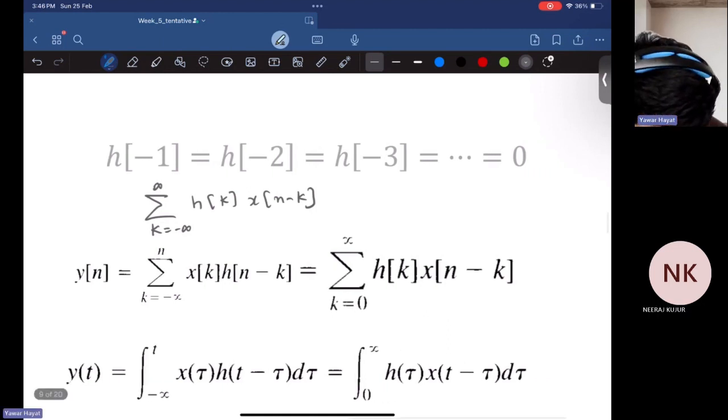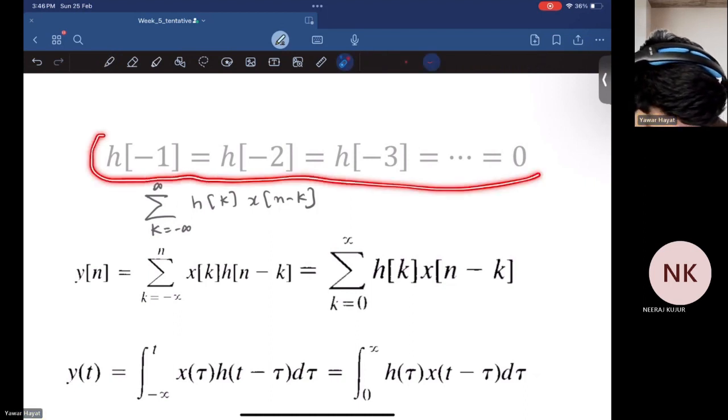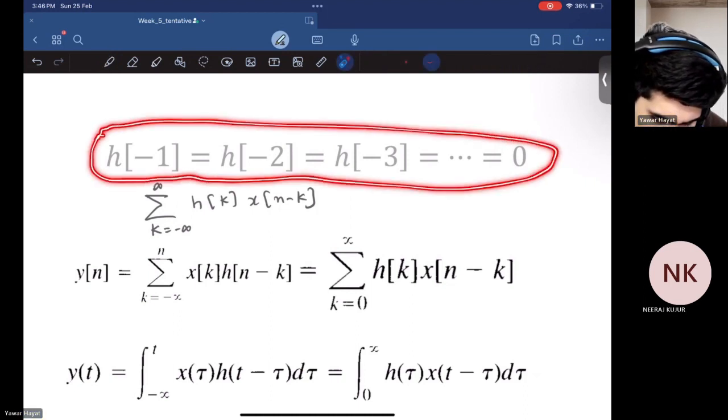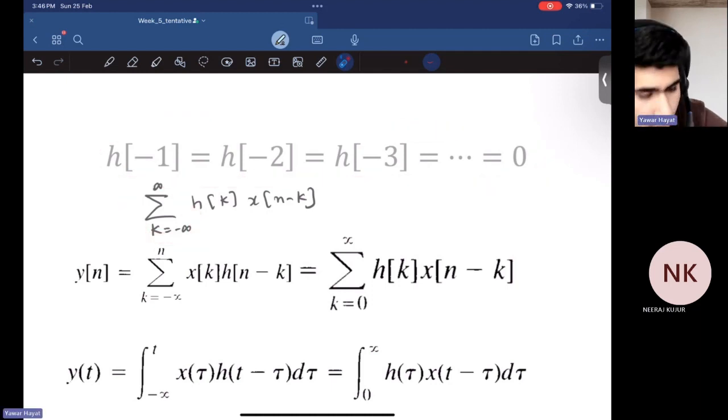Now, if that is the case, then I'll use this result that h of minus 1, h of minus 2, h of minus 3 are all 0. In other words, when k is less than 0, those terms won't contribute to the summation.